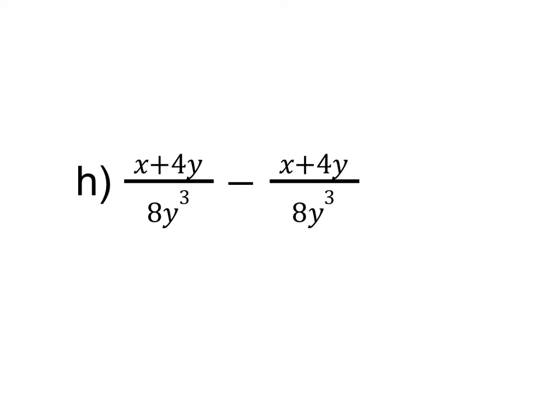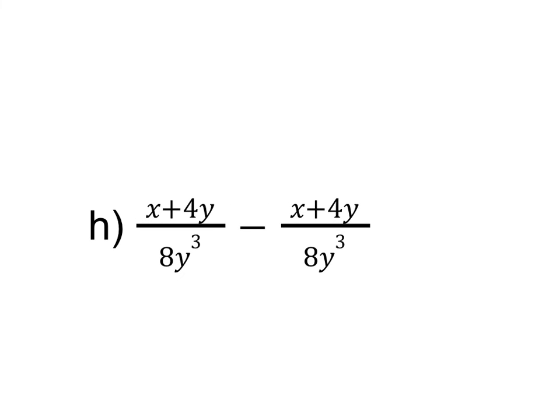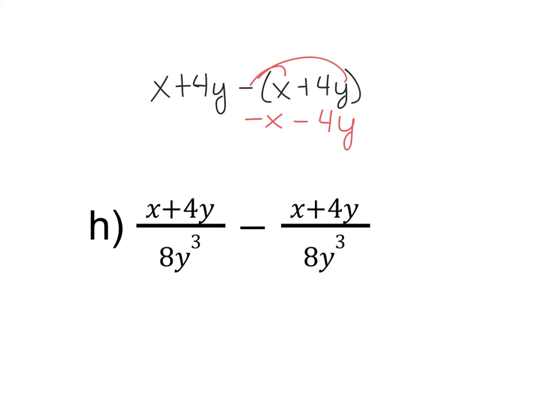Okay, next one. We have common denominator, cool. So I have x plus 4y minus (x + 4y). Go ahead and distribute that negative. So I have this.